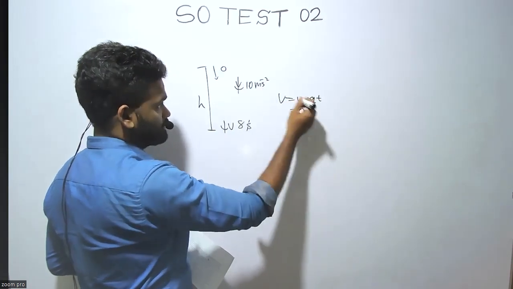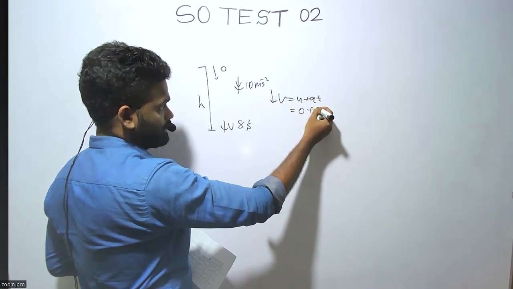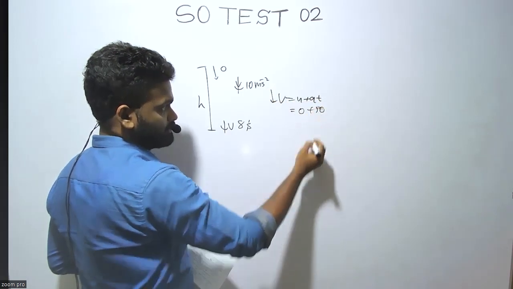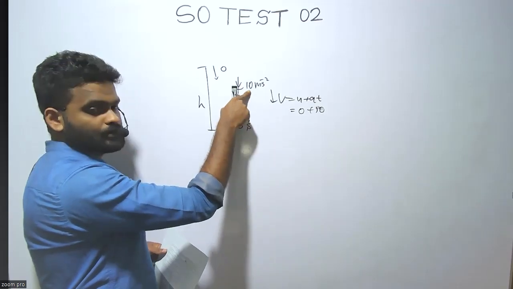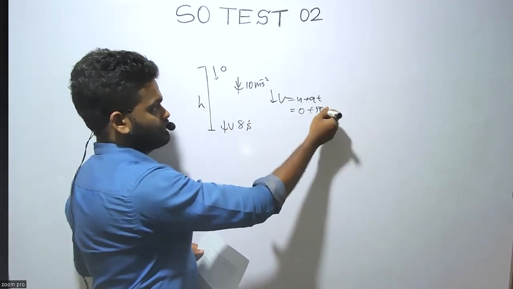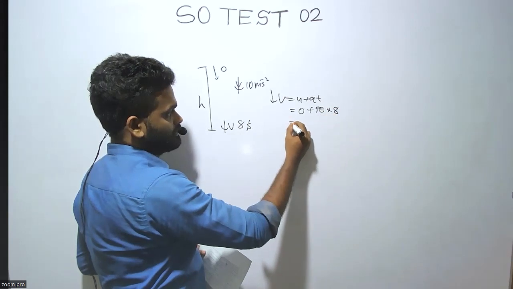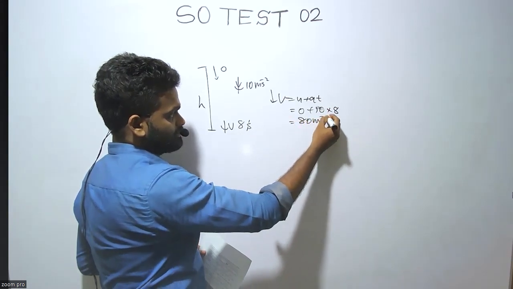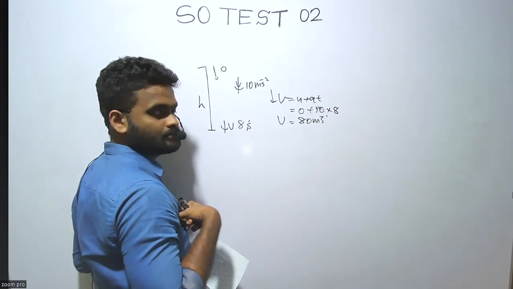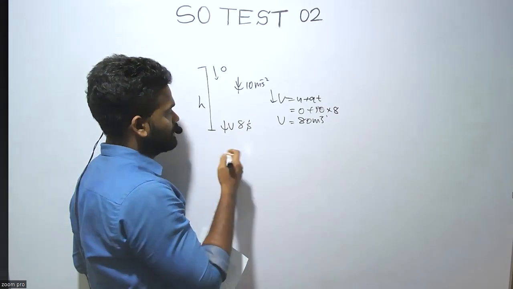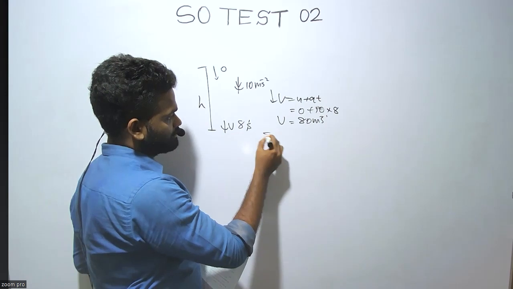Initial 0, 10, right? Because I'm applying the equation downwards and the acceleration is also downwards. So 10, time is 8. So this is 80 meters per second. That's the velocity it hits the ground. Then you need h.